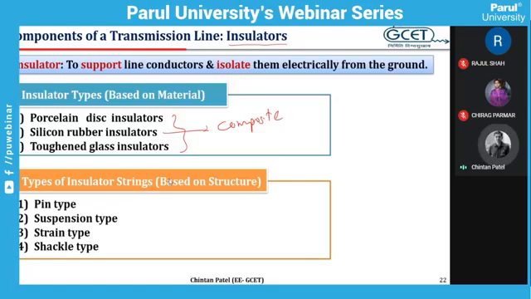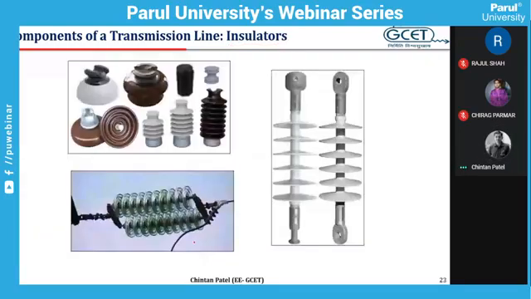Insulators are also classified based on structures. So they are pin type insulator, suspension type insulator, strain type insulator, and shackle type insulator. So in the photograph, you can see this is the porcelain type insulator, conventionally used for more than 100 years.